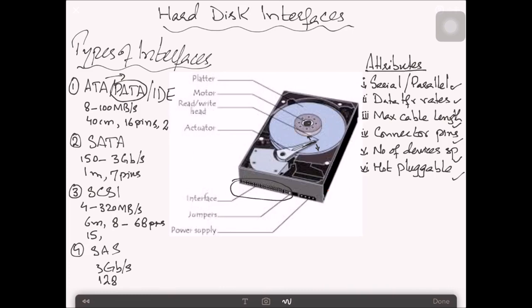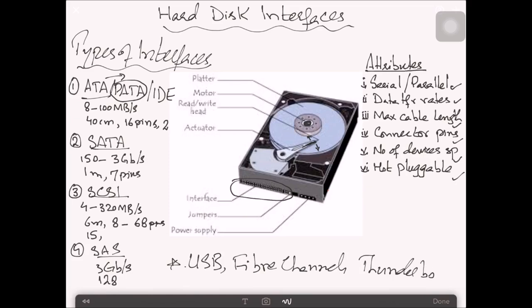So after ATA, SATA, SCSI, SAS, we have others as well, like USB, Universal Serial Bus, Fiber Channel, and Thunderbolt, each having its own pros and cons. So whenever you are going to buy a spinning hard disk, you must know what type of interface it offers you.